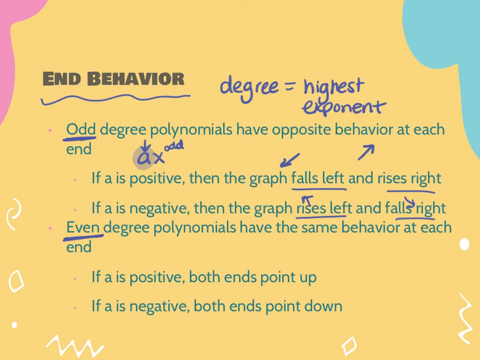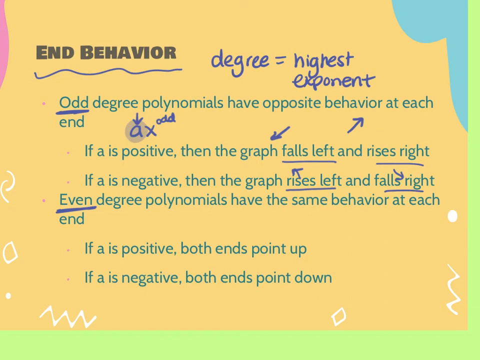The second thing is if it's even. So if the highest exponent is even, like a 2, a 4, a 6, an 8, and so forth, then both the arrows point in the same direction. If it's even and the number on the front is positive, both point up just like a regular parabola. And if it's negative, both point down like a parabola with a negative on the front.